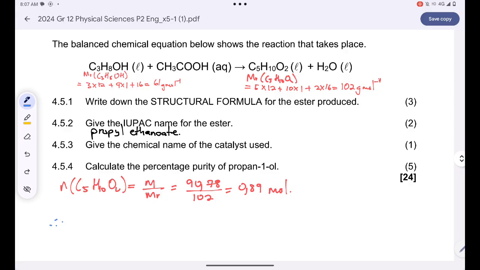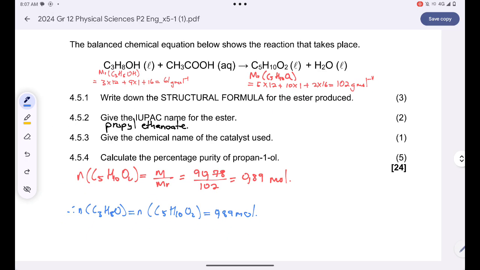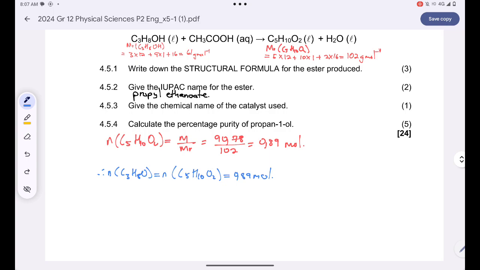So therefore, the number of moles of my alcohol which were used to form this ester is equal to the number of moles of the ester that was formed, because the ratio just simply says 1 is to 1. So I simply used 0.89 moles. The alcohol that was used was basically 0.89 moles.